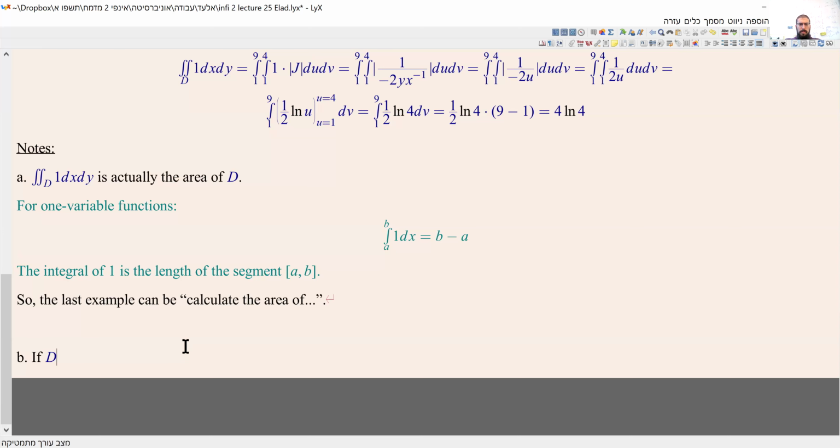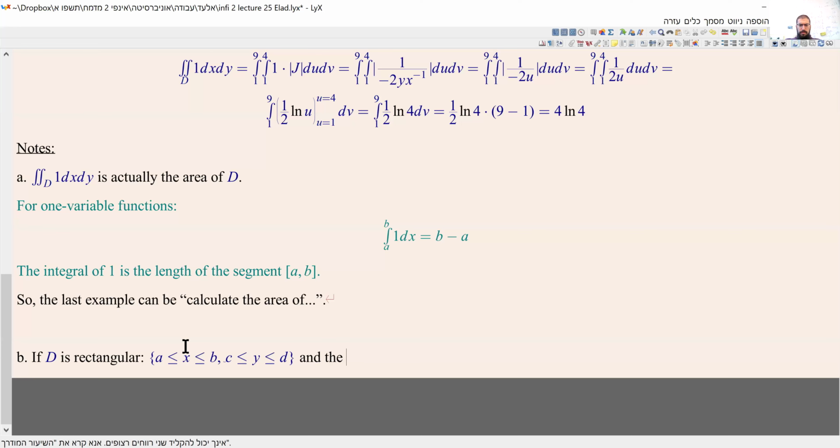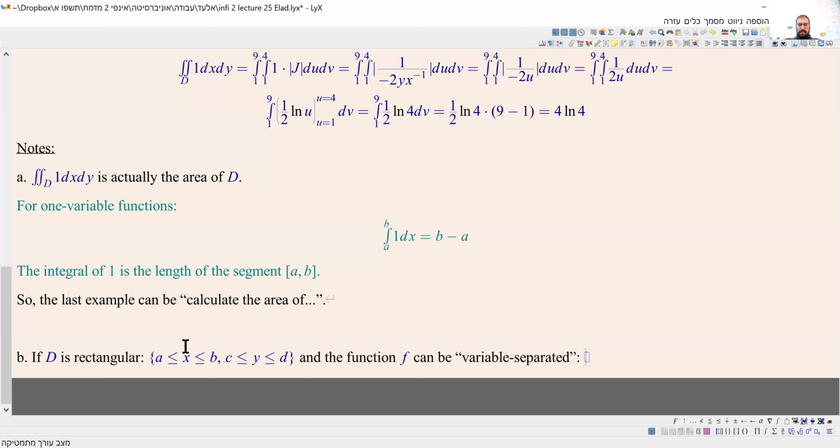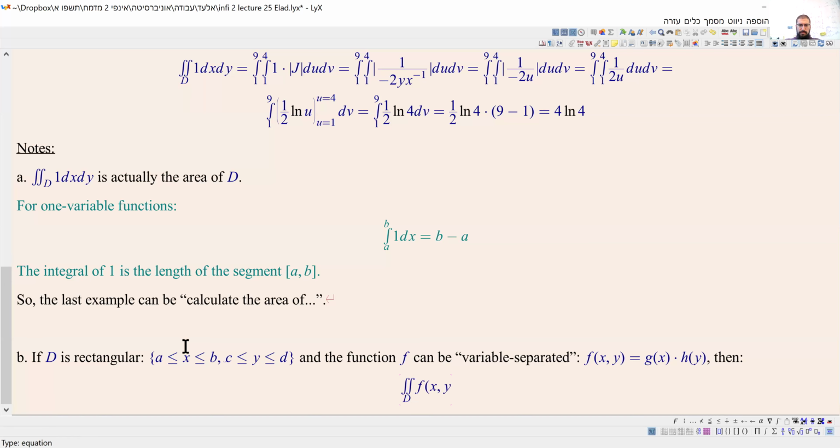If the domain is rectangular, x between a and b, y between c and d, and the function f can be variable separated, meaning that you can write f as the multiplication of a function of x and a function of y, then the double integral over D of f can be calculated as the multiplication of the integral of x and the integral of y.